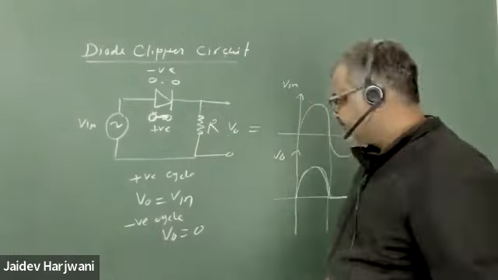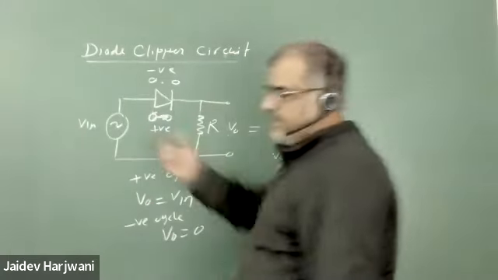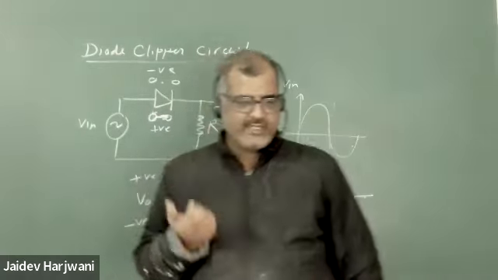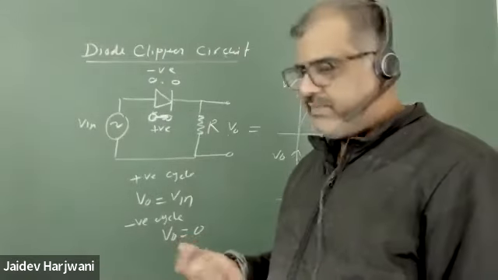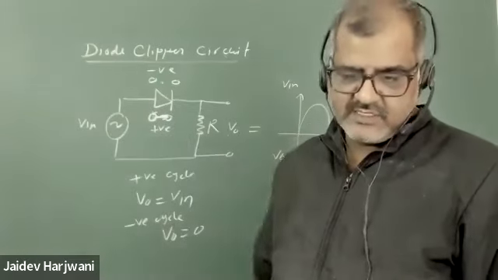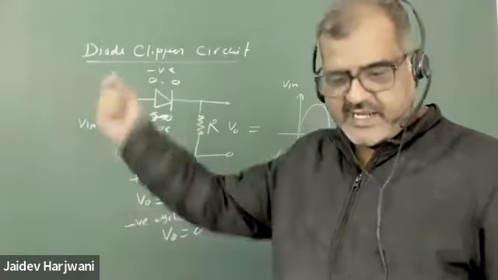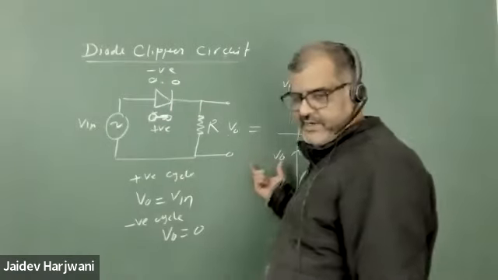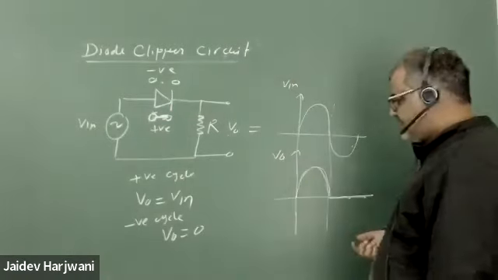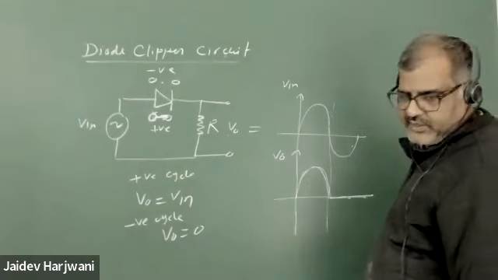Now, here I told you that my graph is sinusoidal, but it may not be sinusoidal. It may be some linear curve, any voltage. In that condition, how to plot a graph?